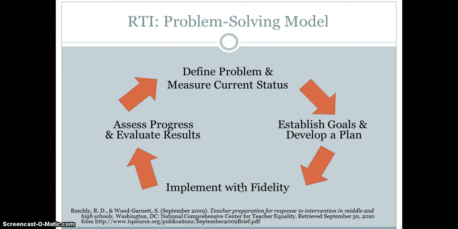Then the third step is to implement with fidelity. Fidelity means faithfulness and honesty, because here's what happens a lot. We teachers are very, very busy, and sometimes it's difficult to follow through on what we say we want to do. So we may define a problem, and then we establish goals, but then when it comes to putting the plan in action, things fall apart.